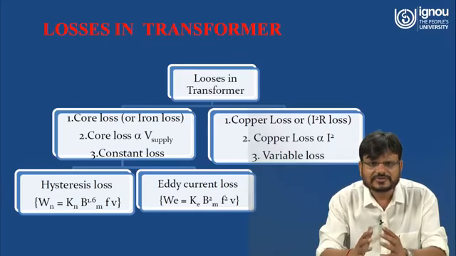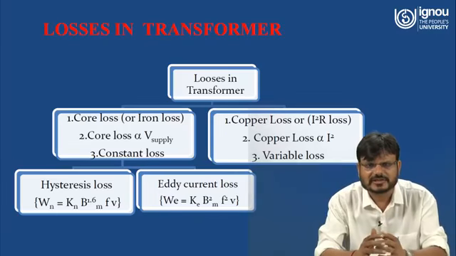These core losses depend on the supply voltage, so if the supply voltage is constant, the core losses are constant. Hysteresis losses depend on the flux density, frequency and volume of the core. Similarly, eddy current losses depend on a constant, the flux density and the square of the frequency.